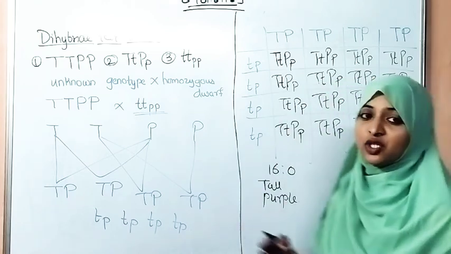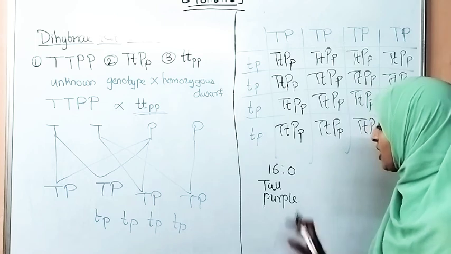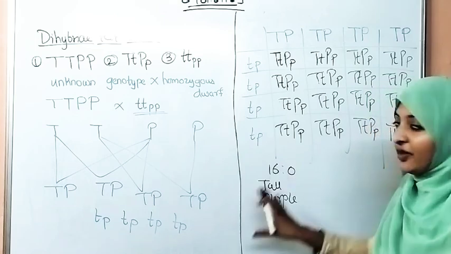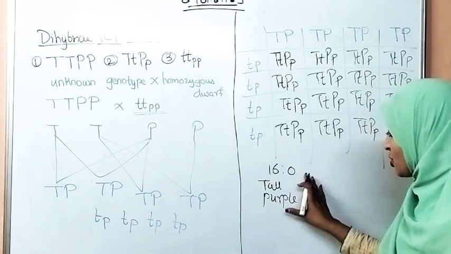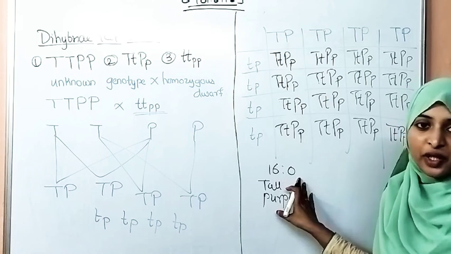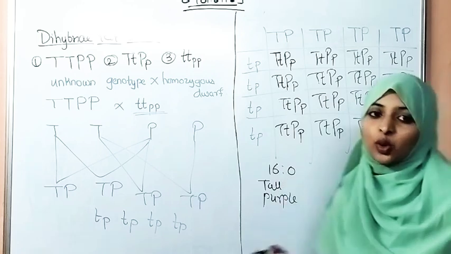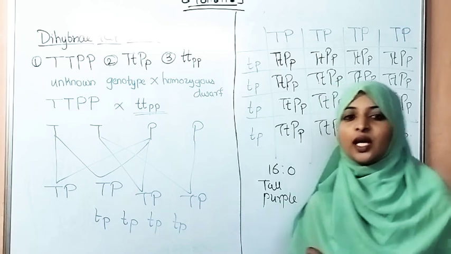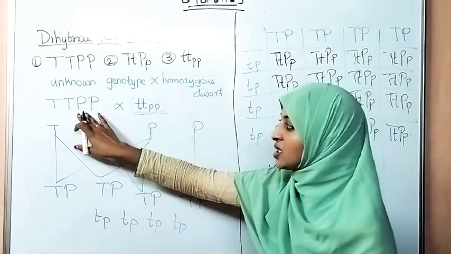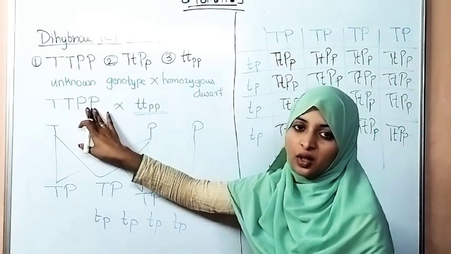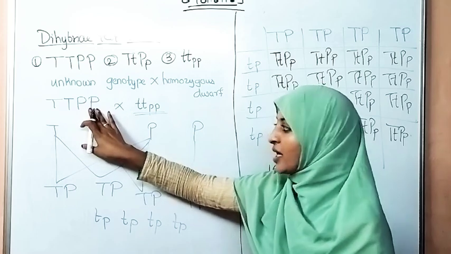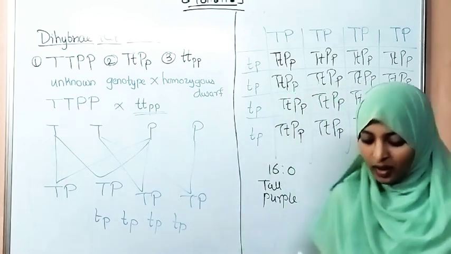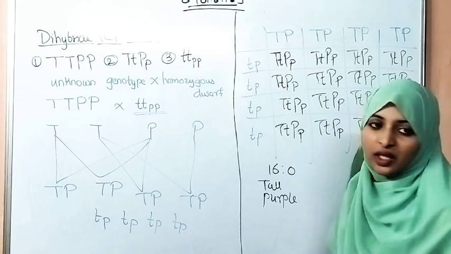From this we can say that if the genotypic ratio is 16 to 0, then the unknown genotype is a homozygous tall plant with purple flower, or homozygous tall condition.